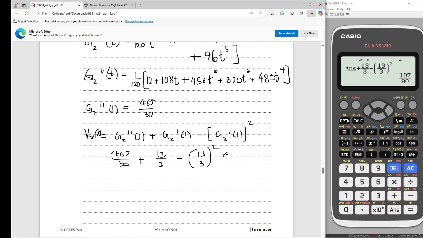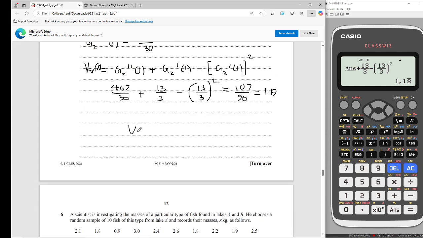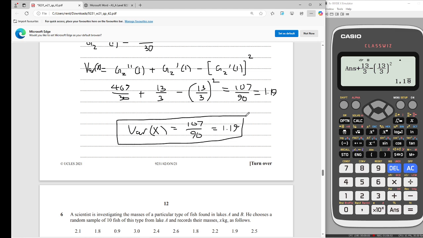So here 107 over 90 is equal to 1.18119. Yeah, so let's just write this in a box. Variance of x is equal to 107 over 90, which is equal to 1.19.